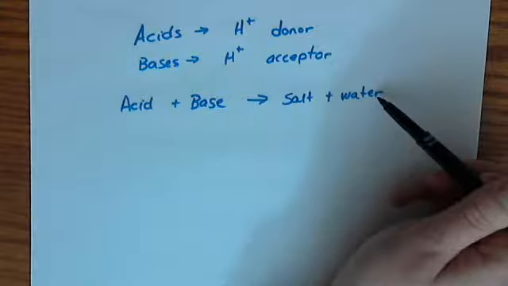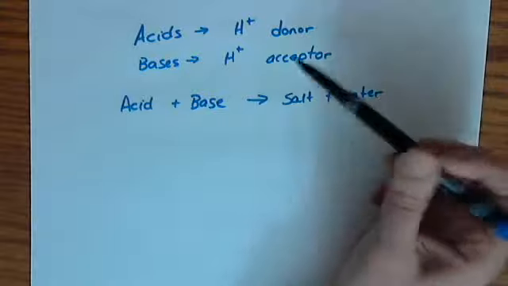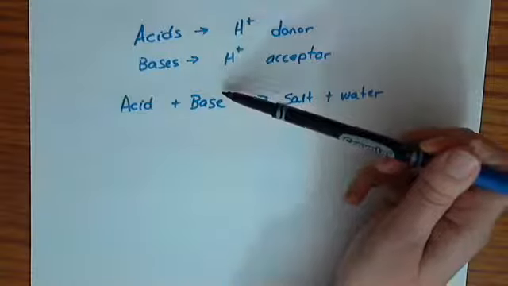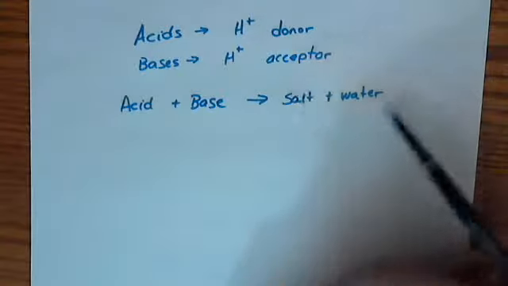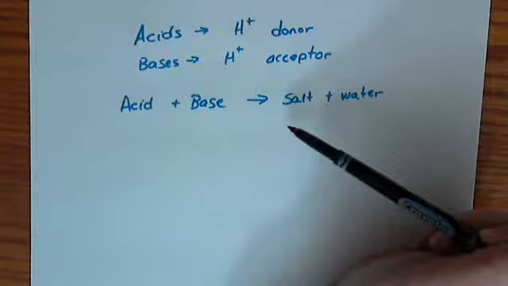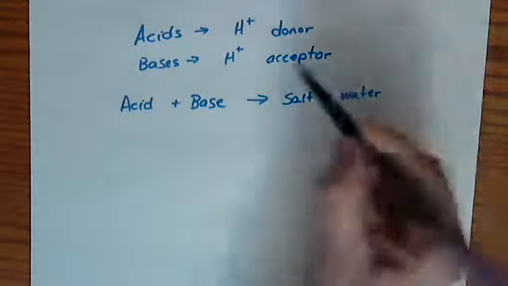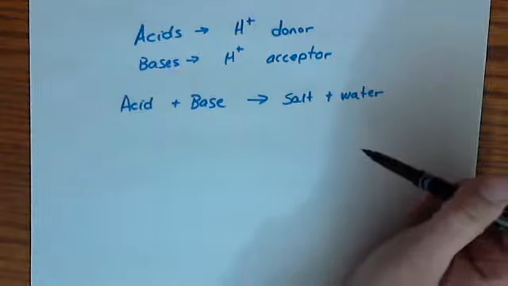And water, of course, already has a pH of 7. So we're going to take things that have a low pH and things that have a high pH and make something that is much closer to 7, or a neutral product is going to be formed.